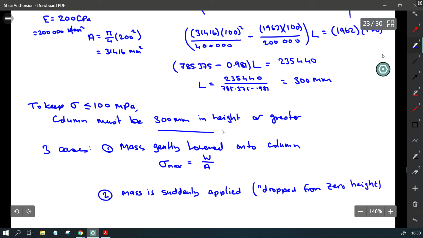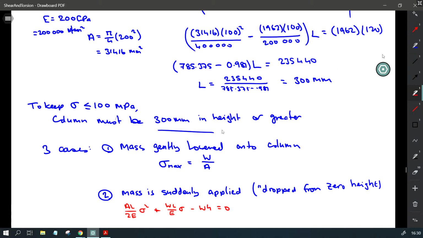We worked out that formula before. If we look at that formula again, we have AL over 2E times sigma squared minus WL over E times sigma minus WH equals 0. So what would happen there is H is 0.